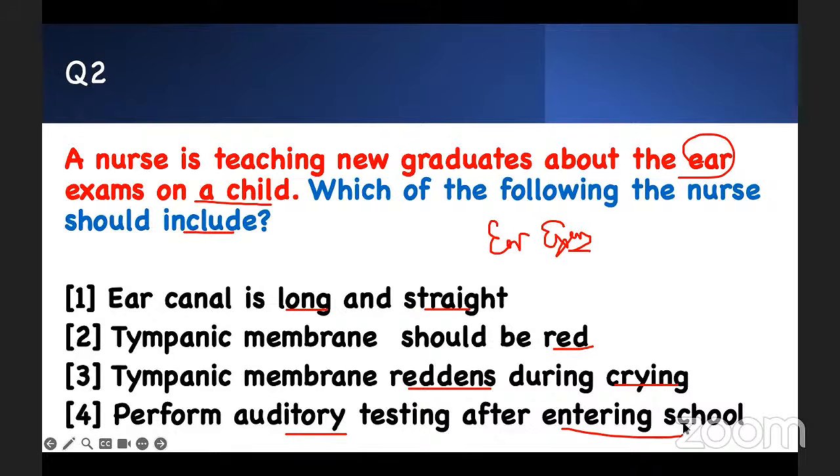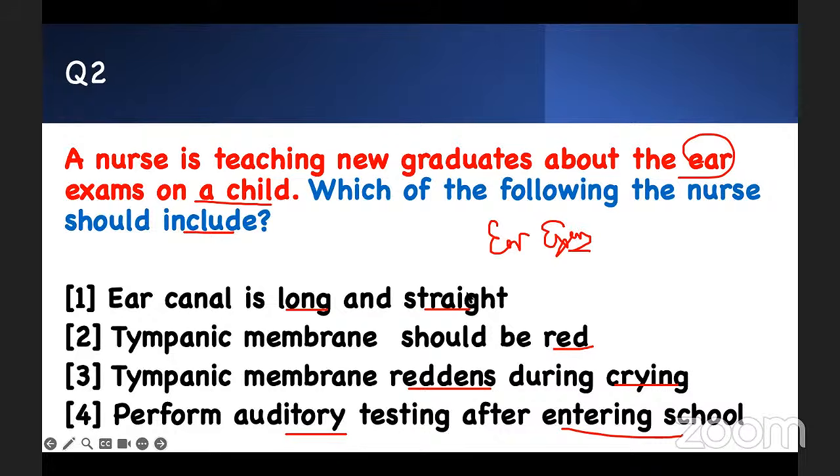Test taking strategy, right? Why would I tell you something is long and straight? And from the first question, we said we got to do what? Up and back for an older patient, and for a younger kid, down and back.